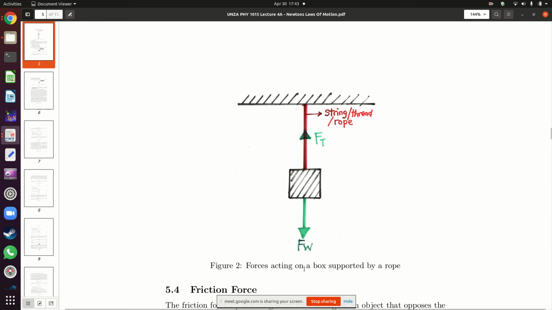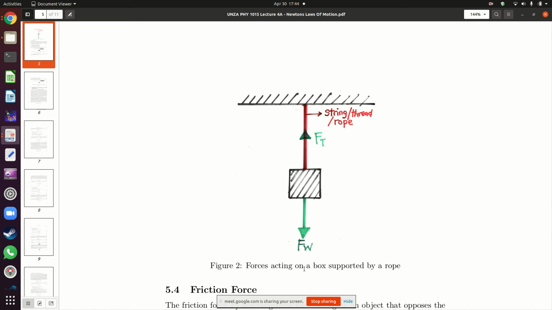In that respect, I am choosing the direction in which the box would move naturally, if there was no tension stopping it, to be the positive direction. So I'm choosing down to be positive and up to be negative.